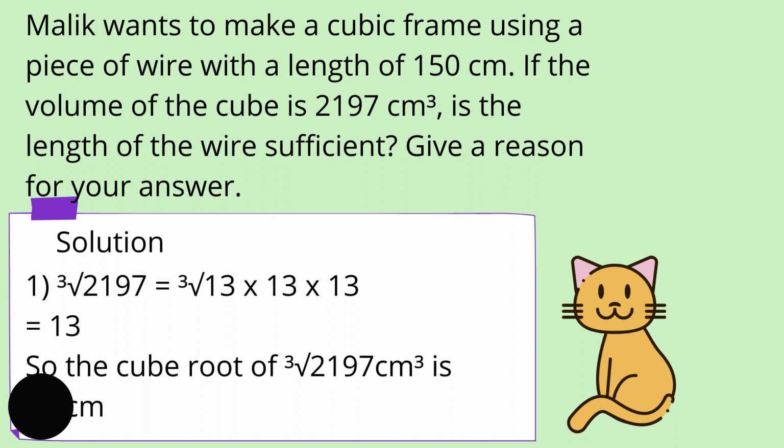So the first step is we have to find the cube root of 2197. We have to find how long each side of this cube is. Cube root 2197 equals 13 multiplied by 13 multiplied by 13. So the answer is 13.